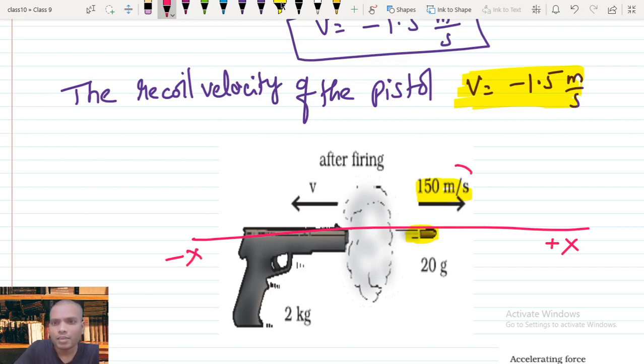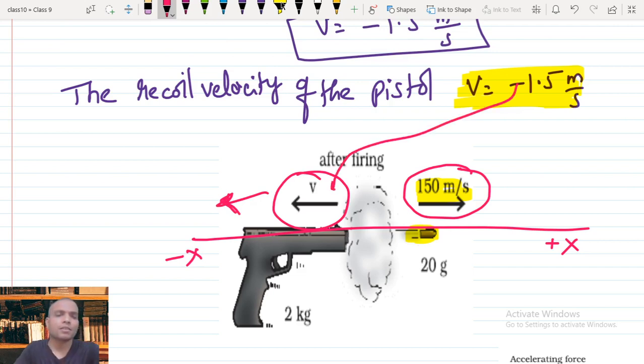Now when the bullet is moving in the forward direction with a velocity of 150 meters per second, the pistol is moving in the backward direction. The minus sign tells about the direction of the gun, which is opposite to the direction of the bullet. So this is how we apply the law of conservation of momentum to find the recoil velocity of the pistol.